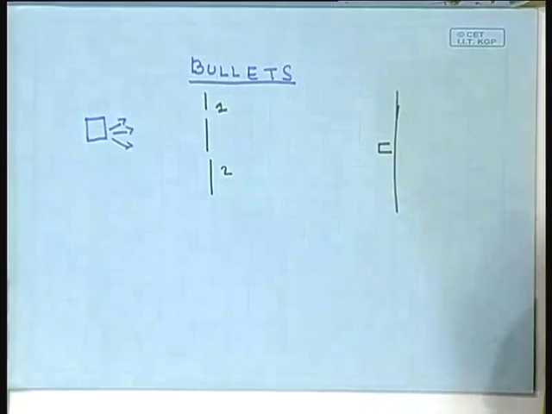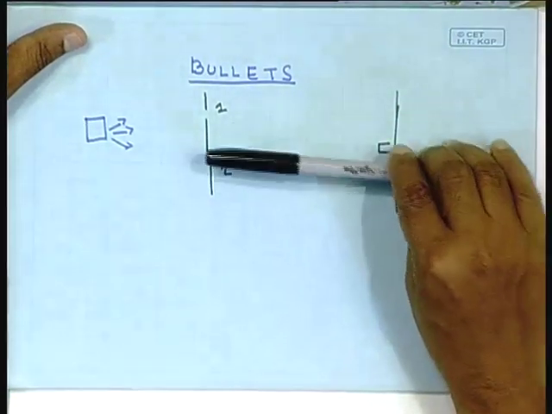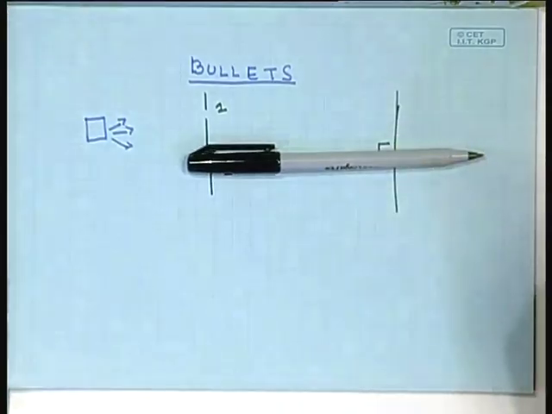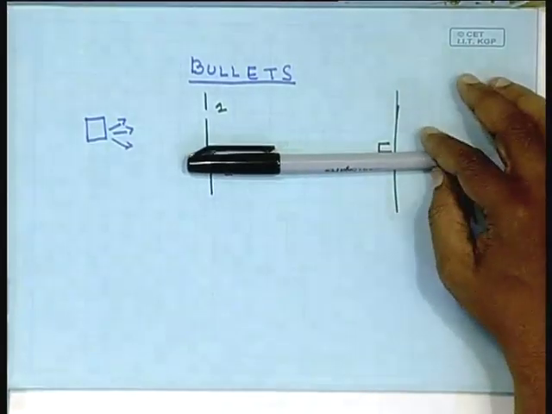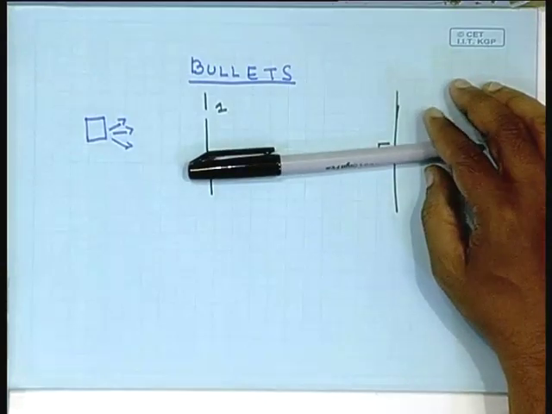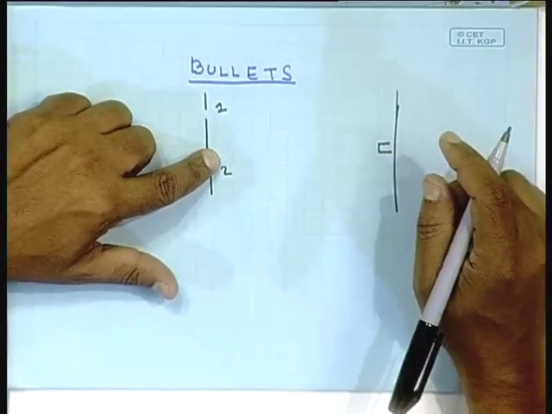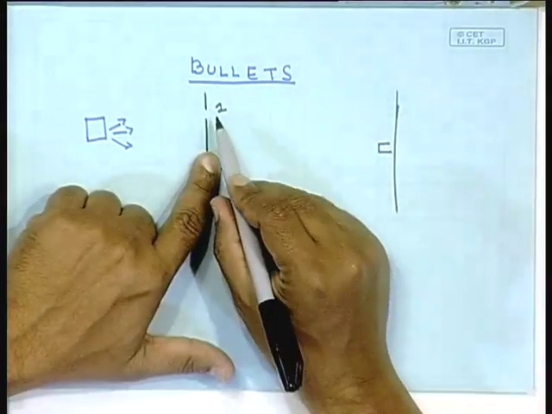So, let us now consider a situation where I first shut slit 2 and open only slit 1. In this situation, slit 2 is shut and only slit 1 is open.